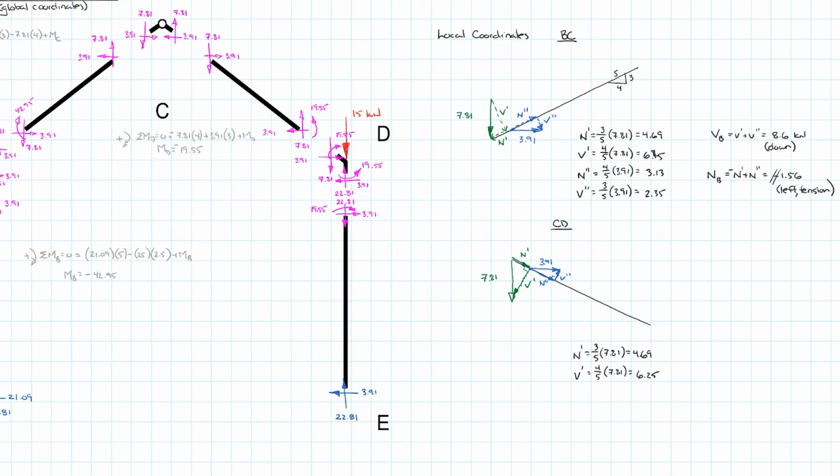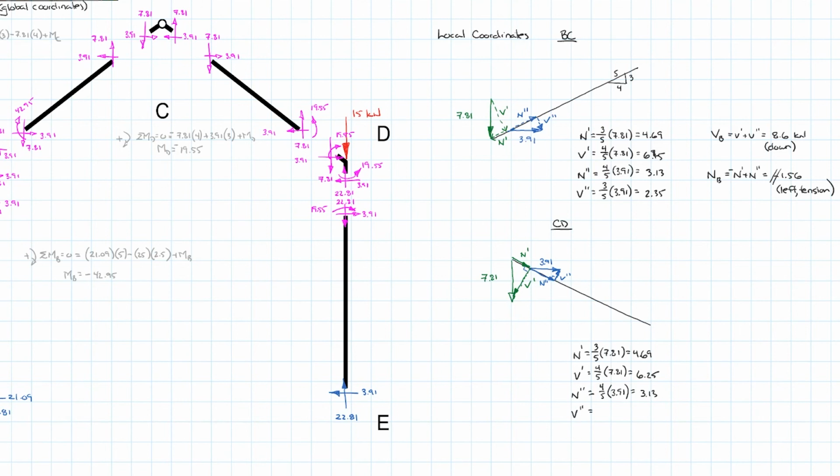Sorry, I'll have to check, my numbers should carry through, 6.25. And N double prime, looking at the blue, the 3.91, the N is the longer, or 4/5 of that ratio, 3.91, 3.13.